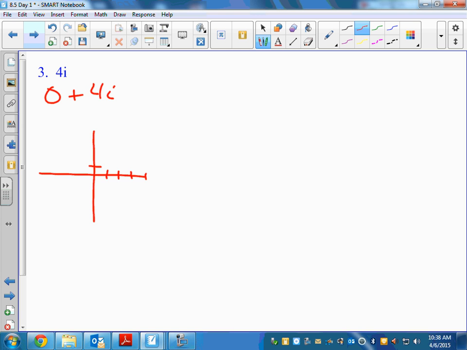Up 4, right? Which means, think about any time we did trig and it ended up on the x or y axis, you can't really draw a triangle there, but we can find an angle there. So a equals 0, b equals 4. Can I find r? Is r going to also equal 4?